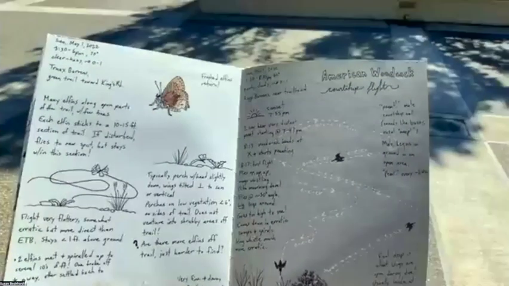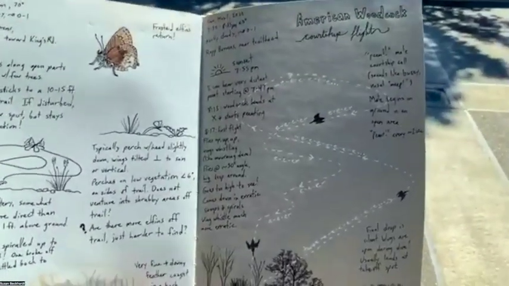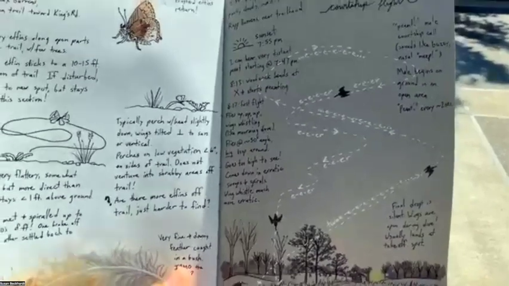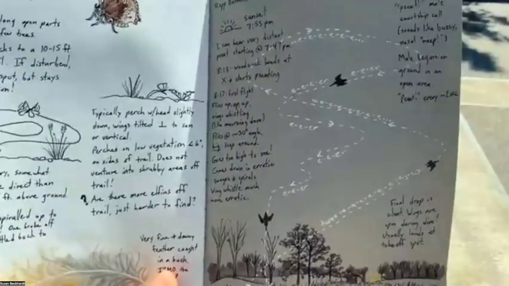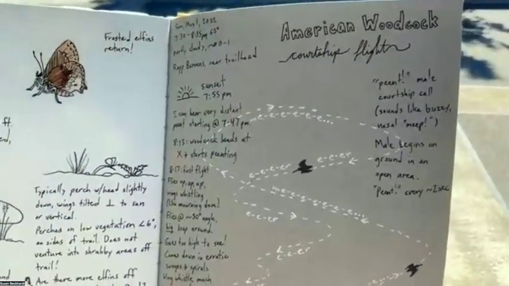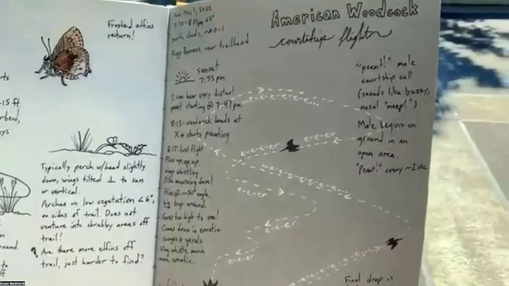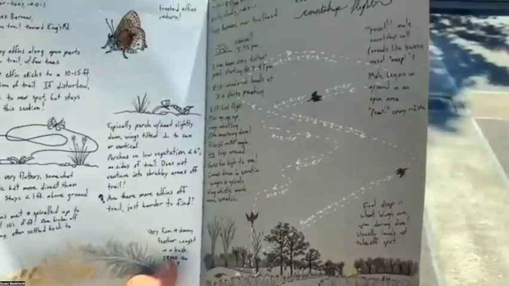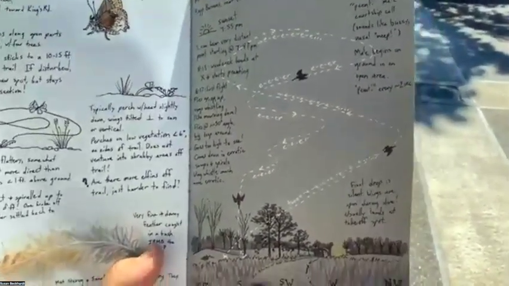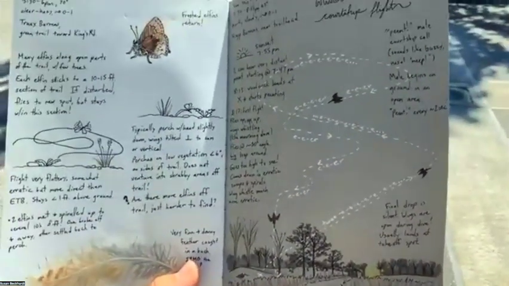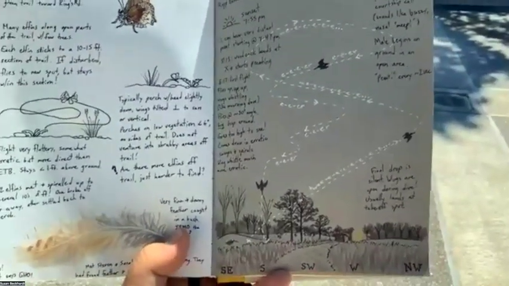They go meep, meep, meep. I timed it about every 2 seconds. I've been told that they call it the peent, but it doesn't sound like peent to me. Then eventually, when the females are looking at them, they shoot into the air with their wings whistling.